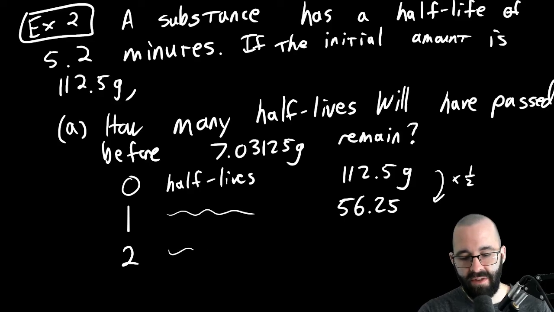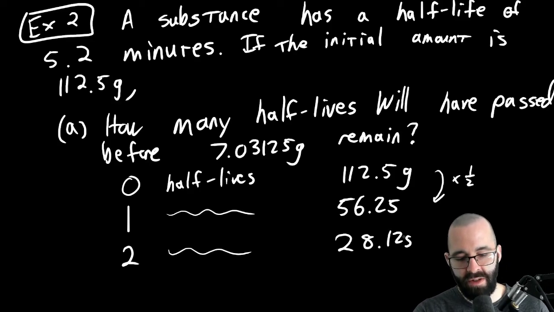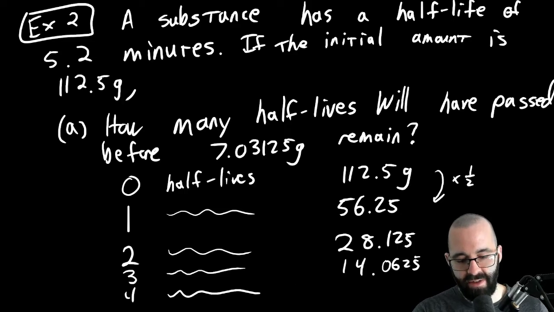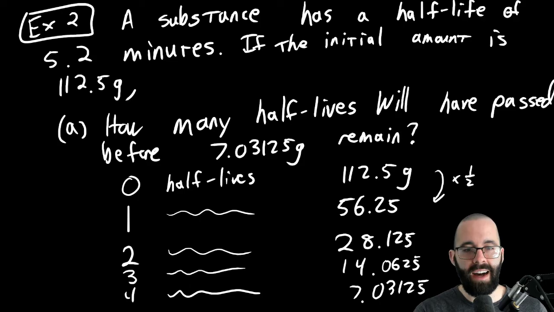After another half-life, we now have half of that. 28.125. After another half-life, we have half of that. 14.0625. After another half-life, we cut that in half. 7.03125. And these are all in grams.